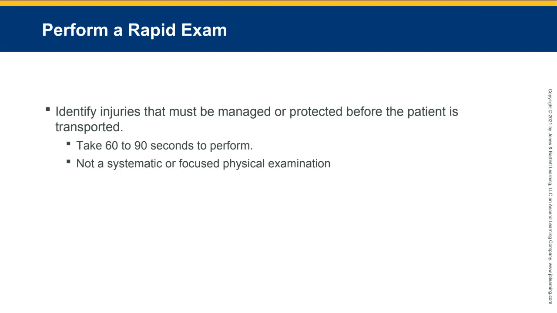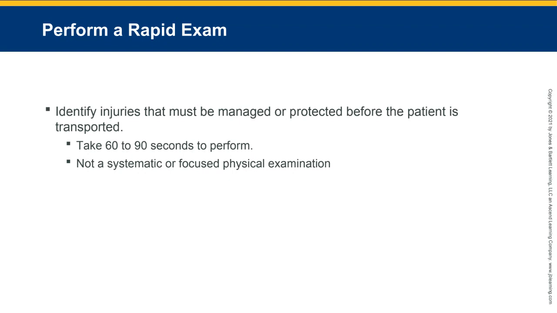Now, the rapid exam is indicated for your trauma patient based on the mechanism of injury. Once a mechanism of injury is deemed to be diffuse, meaning the potential for multiple injuries exists, then a rapid scan is required for a trauma patient.